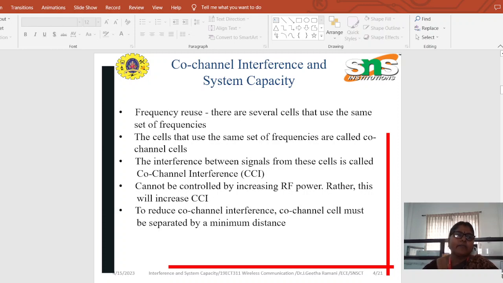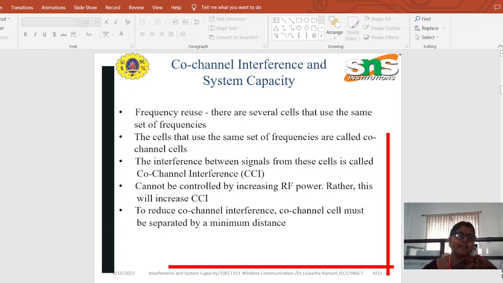And we know the concept of frequency reuse. That is, there are several cells that use the same set of frequencies. The only consideration here is that we have to keep the interference to a minimum level. So the cells that use the same set of frequencies are called co-channel cells. The interference between the signals from these cells is called co-channel interference, shortly known as CCI.